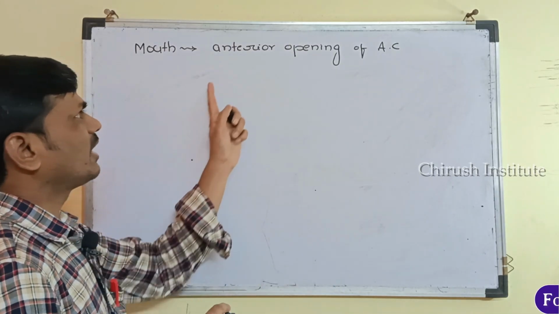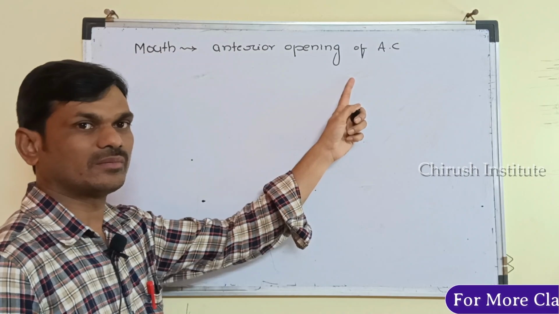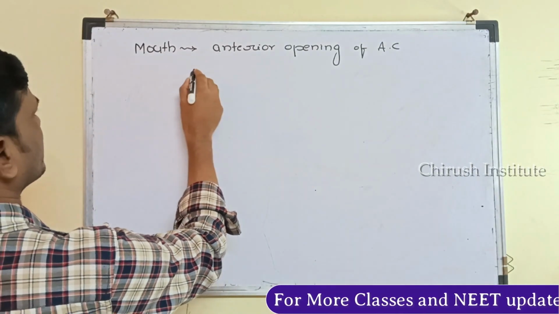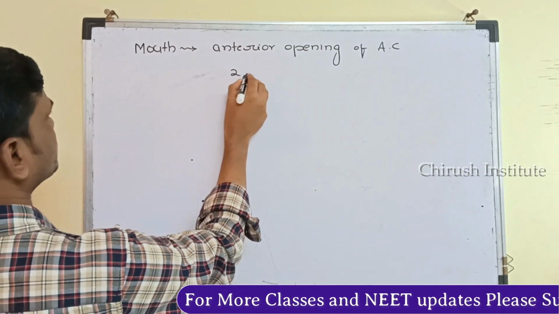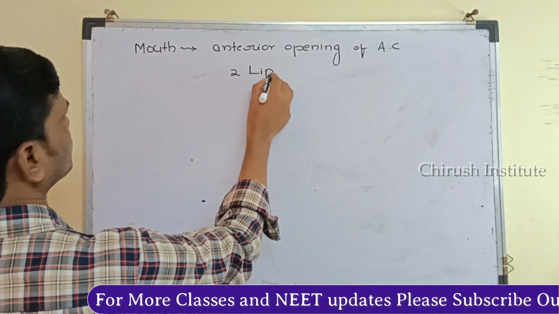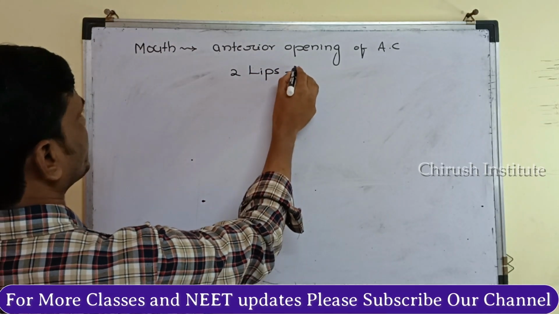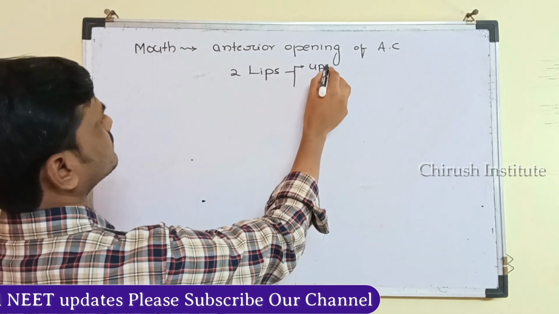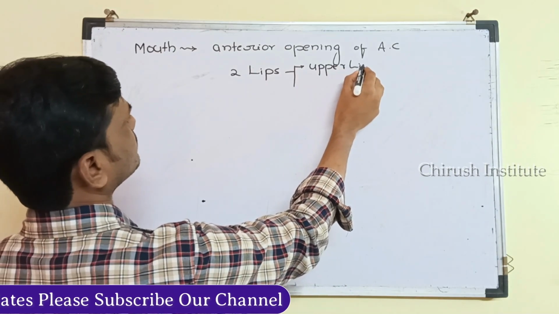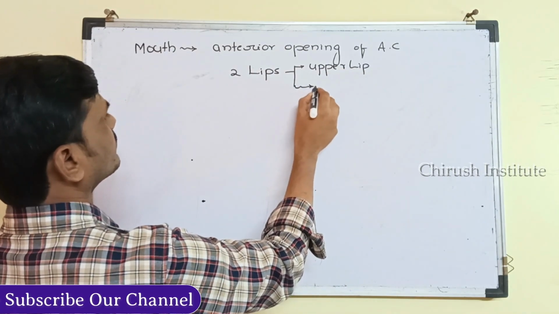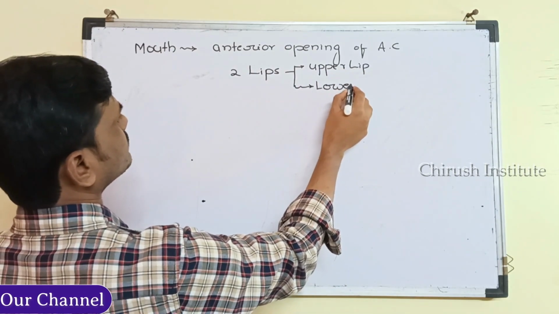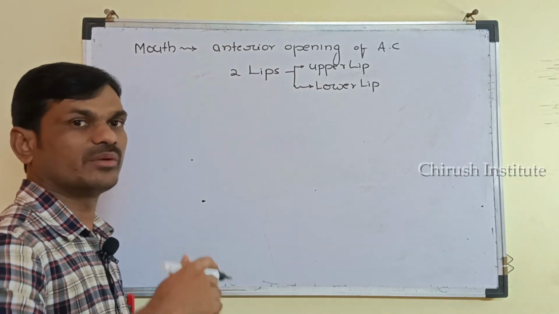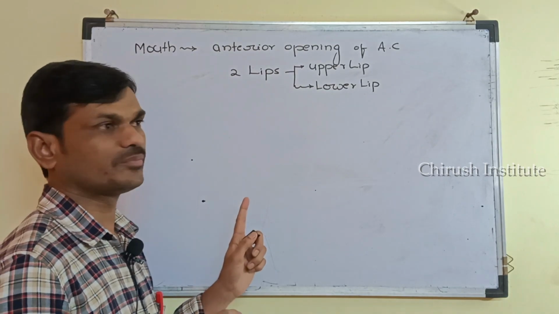The mouth is guarded by two lips, the upper lip and the lower lip.